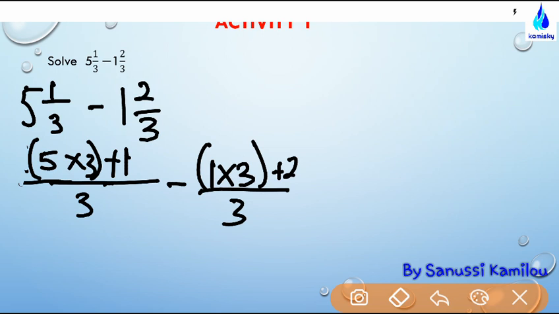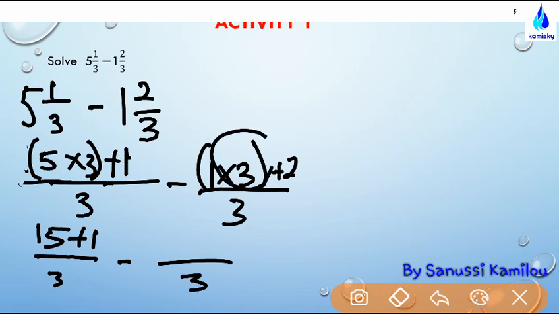We are done. Now what is the next step? We have to continue with the calculations. So look at this one. I have my 3 here. Looking at what is at the top, I have 5 times 3, which is 15, plus 1. And then what's in the bracket over here will give me 1 times 3, which is 3, plus 2.